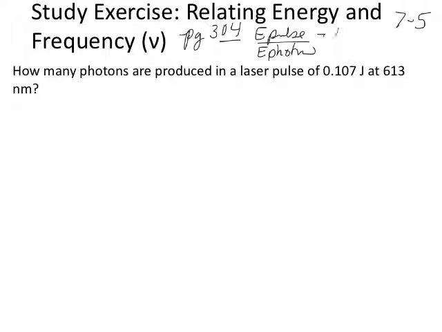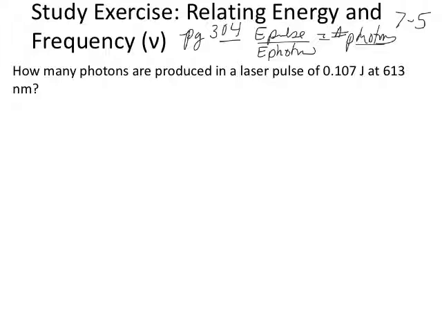And that's going to give you the number of photons. So basically you're taking the total energy of the pulse and you're going to divide it by the energy of the photon to get the number of photons in the pulse. Okay, so if you read page 304 and then you try to work this problem, it might be a little simpler.